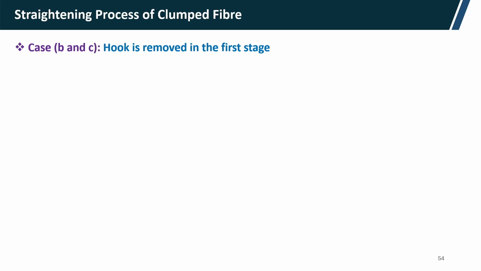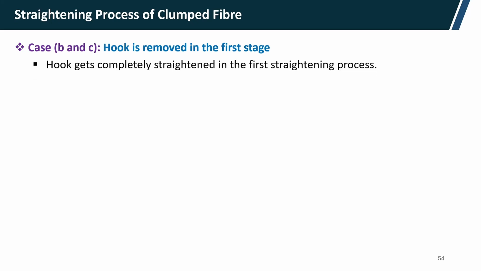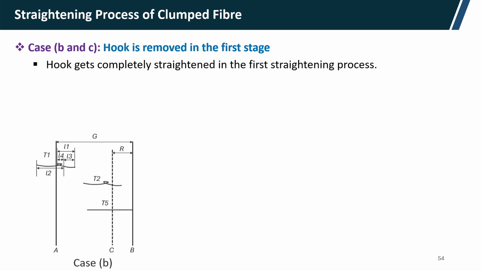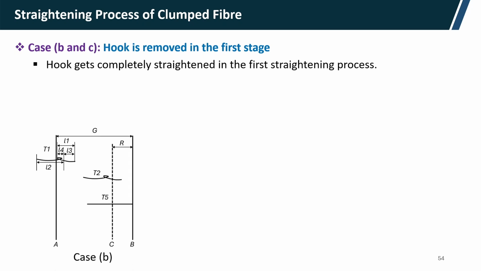Case B and C, hook is removed in the first stage. So, in the first stage the hook gets completely straightened. Here we can see, during the drafting the hook is completely removed. How?